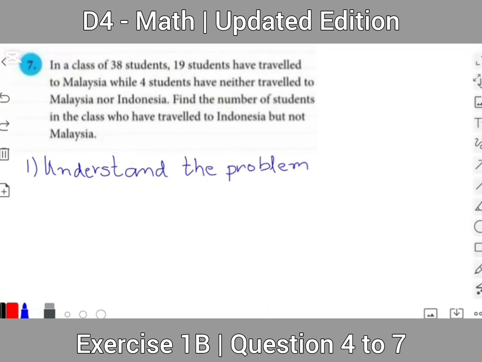So first we will see what is given. Total number of students who travel to Malaysia. First, total number of students.